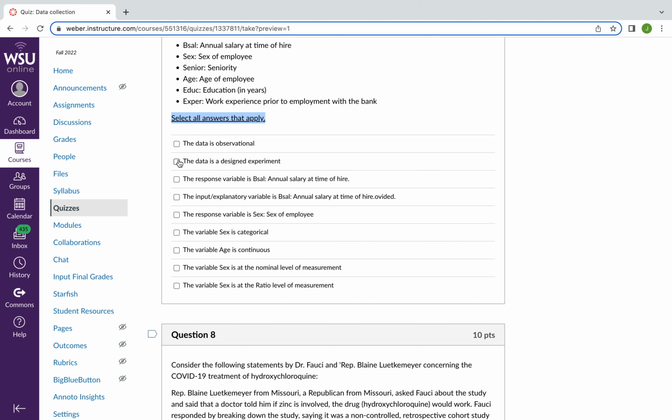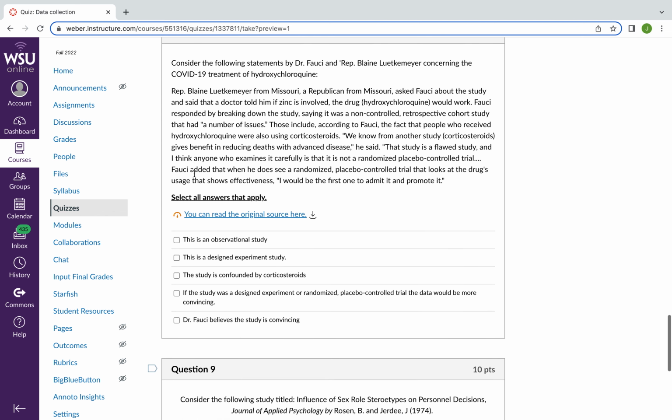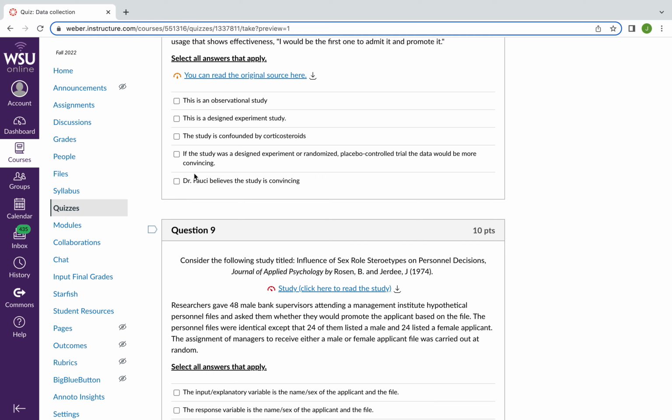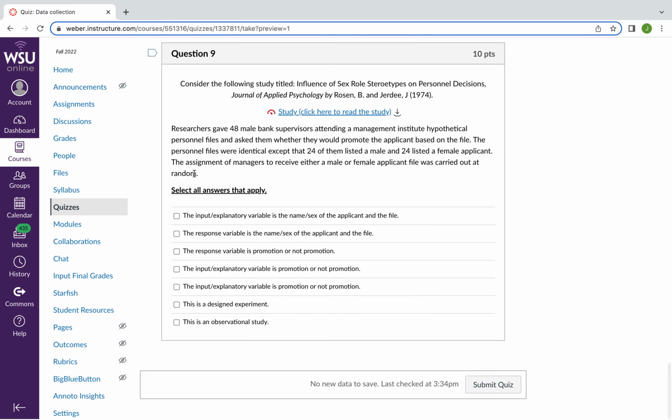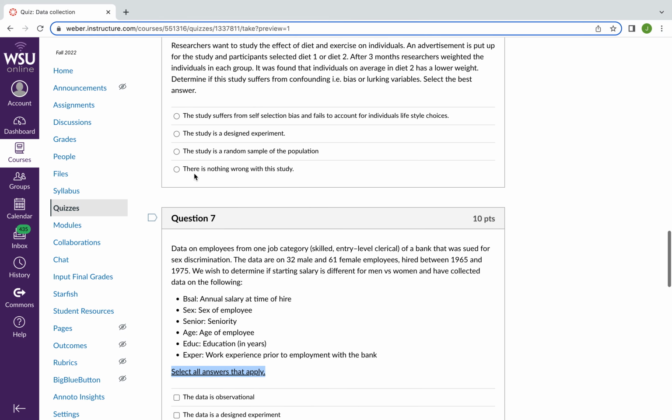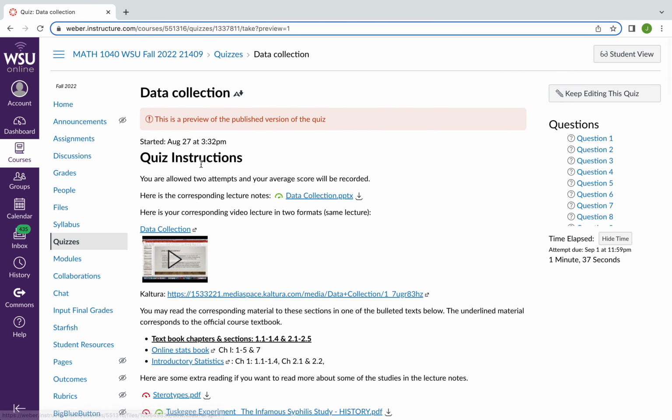If you were to select these 2 answers, one of them is right and one of them is wrong, you would get 0 points. So the effect of the one that is right would cancel out with the one that is wrong. So here's another select all answers that apply. Here's another select all. So just something to keep in mind.